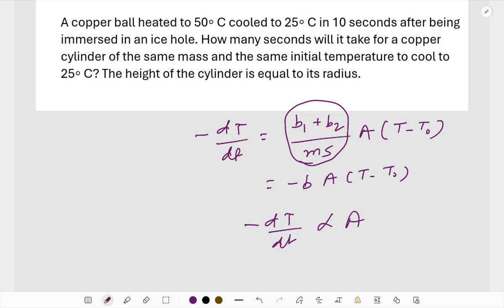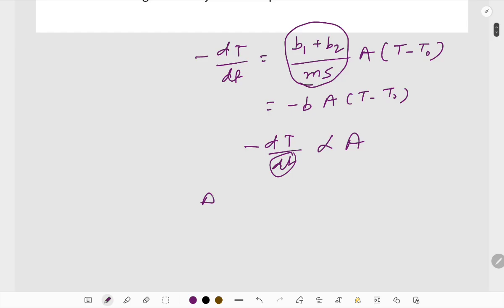So you can write here that the ratio of time taken in cooling the cylinder and the ball will be inversely proportional to the ratio of their surface areas. That means this time, delta t, because it's finite, is inversely proportional to the surface area.